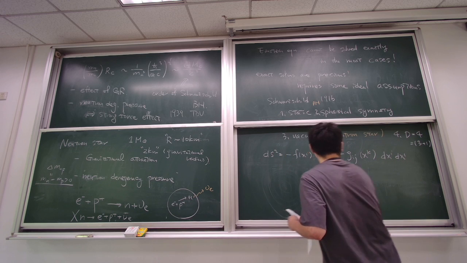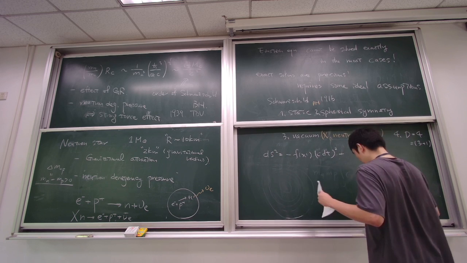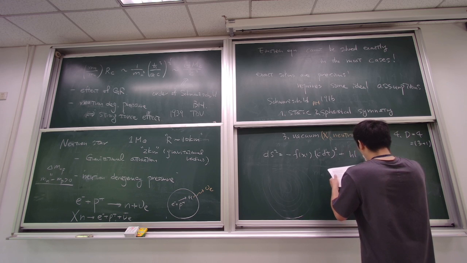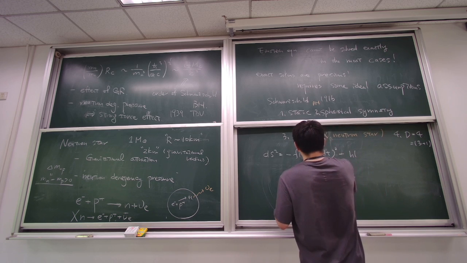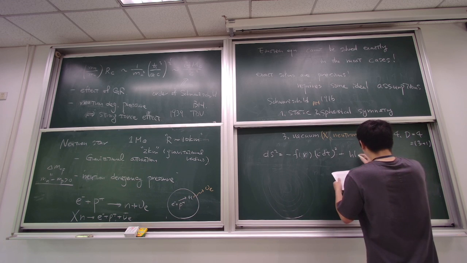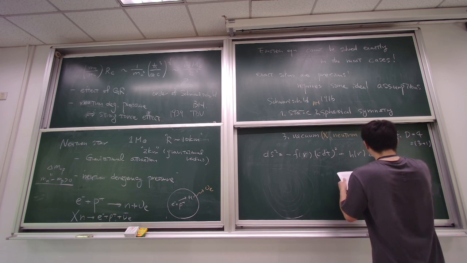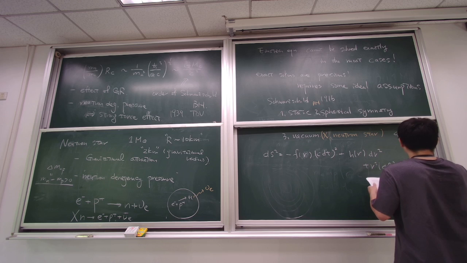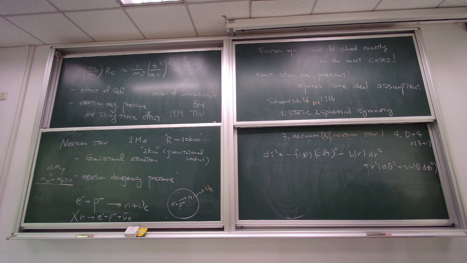And with spherical symmetry, the metric becomes f(r) and h(r) dr squared plus r squared times (d theta squared plus sine squared theta d phi squared). This is the assumption.